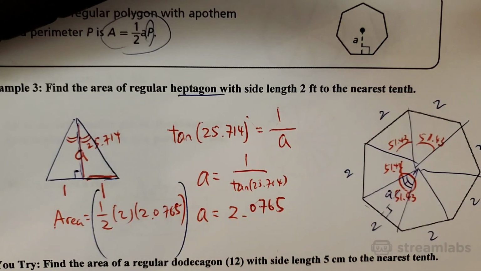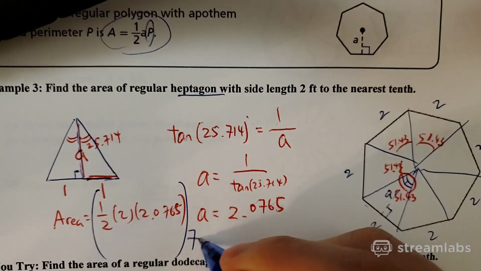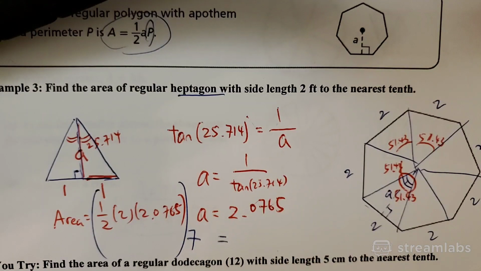How many triangles are there? Seven. So you got to multiply by 7 in the end. So what turns out to be?